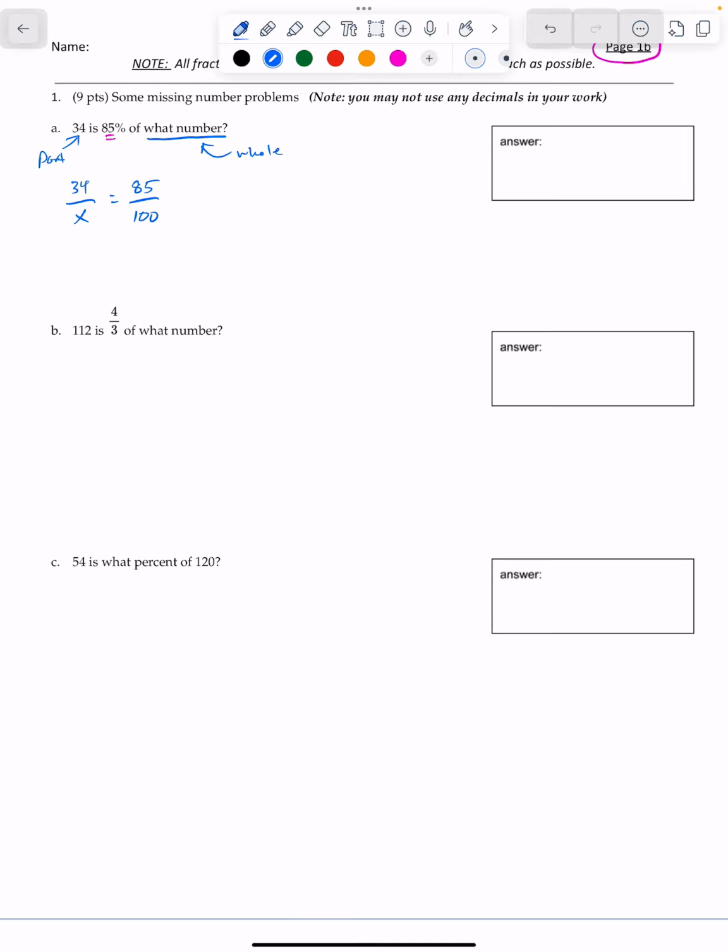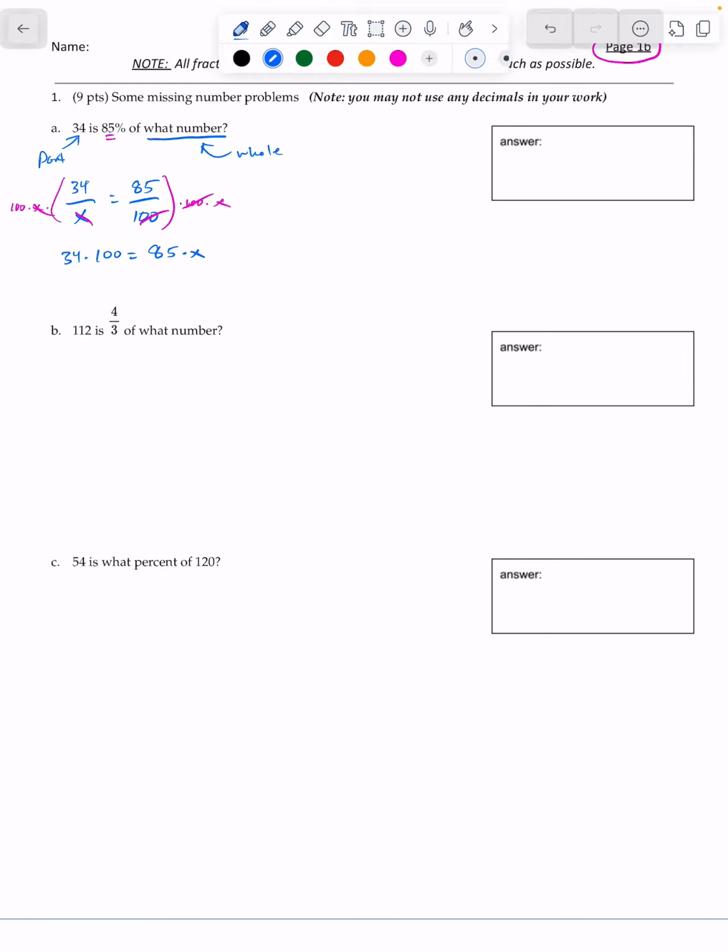If I multiply by both denominators, I will get 34 times 100 equals 85 times x. So again, remember what I'm really doing here is I'm multiplying by 100 and I'm multiplying by x. The x's go away there, the hundreds go away there. That's what I'm left with.